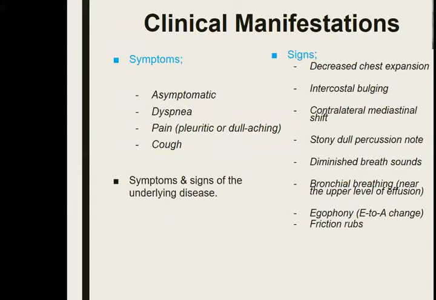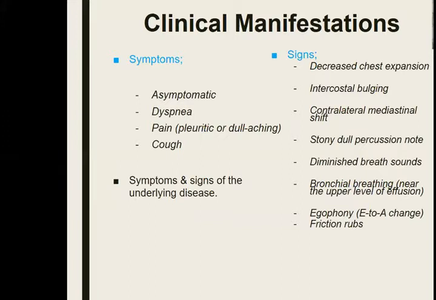Now, the clinical manifestations of accumulation of pleural fluid. When there is an excess of pleural fluid, you can have signs and symptoms. A small amount of fluid may not produce any symptoms whatsoever, so the patient may be asymptomatic, but if there is a large effusion, the patient becomes dyspneic. It also depends upon the rate of accumulation.